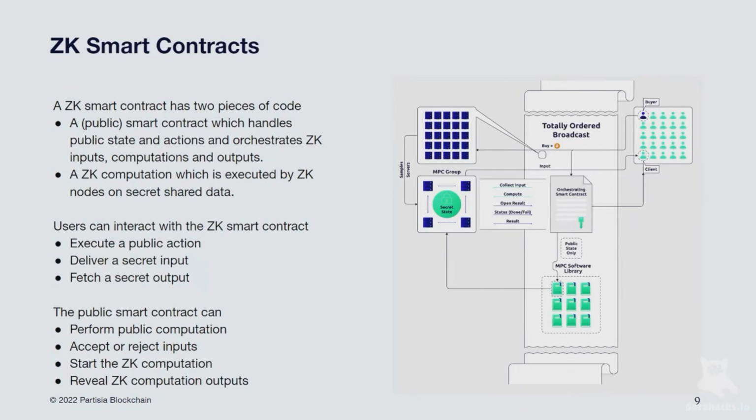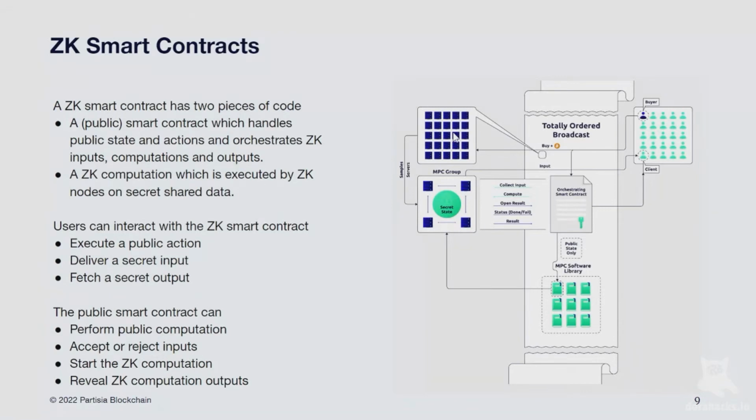It orchestrates everything that goes on, so it can perform any public computation. It can accept or reject any input that is delivered to the contract. It decides when the computation is started, and it is the public part of the contract that decides when outputs are revealed. The other piece of code is the CK computation that is executed by the CK nodes.